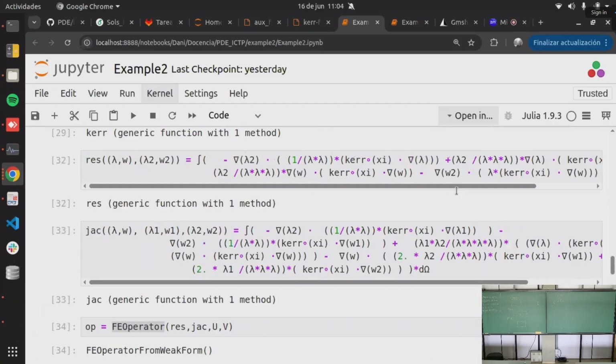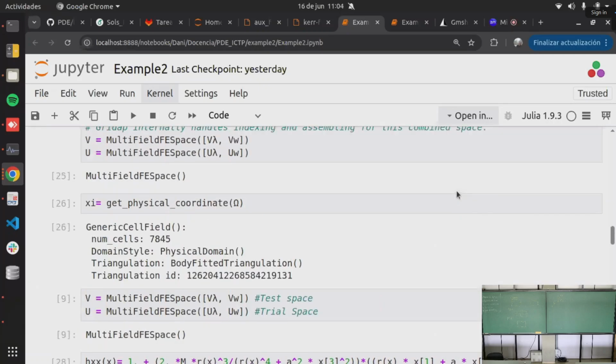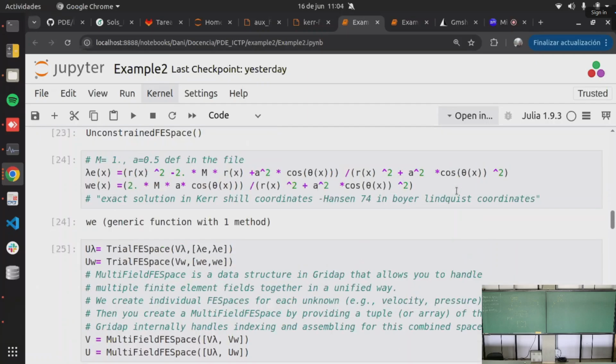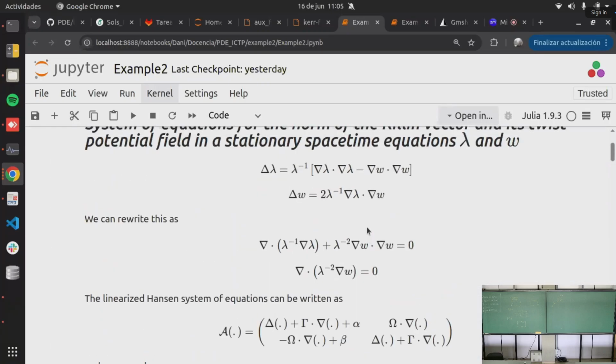Maybe you have a question. This is similar to the other example. We perform a Newton-Raphson method to solve a nonlinear equation, but in this case we have a coupled system, so we have to perform it in the same iteration.